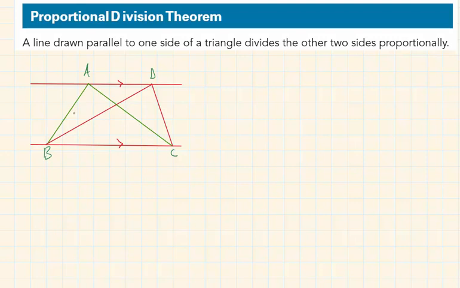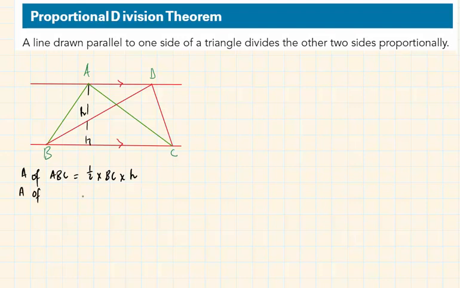Now the area of triangle ABC, with BC as the base, if I drop a perpendicular here, is going to be equal to a half times the base, which I'm calling BC, multiplied by the perpendicular height, which I'm going to call H. And so that gives us the area of ABC.